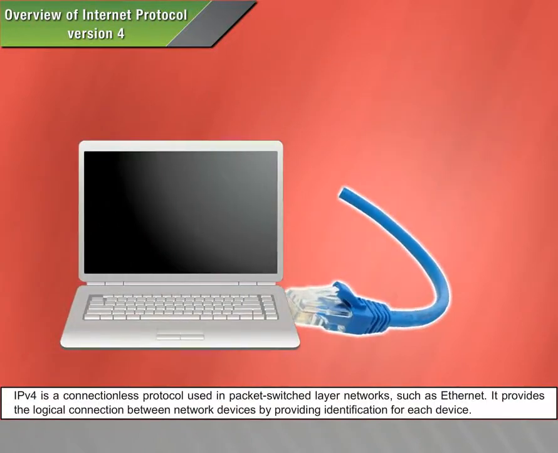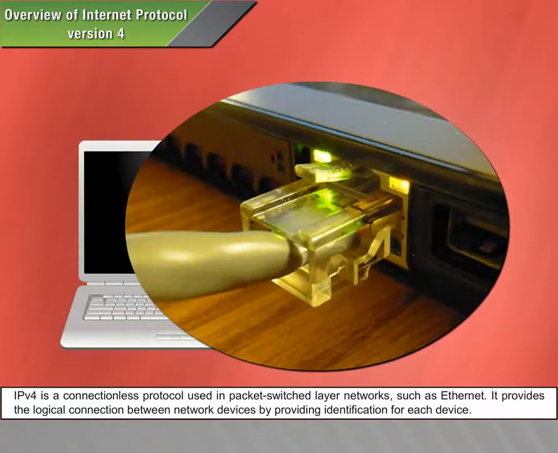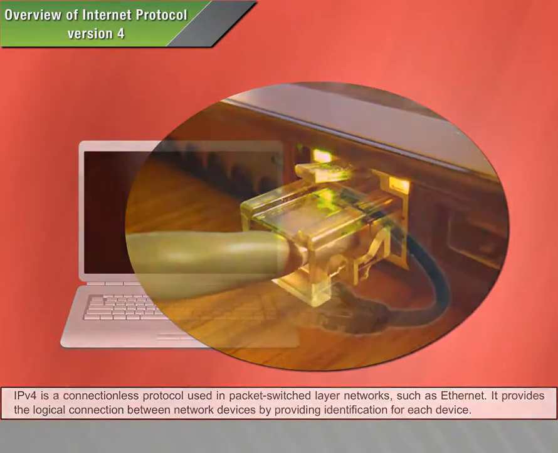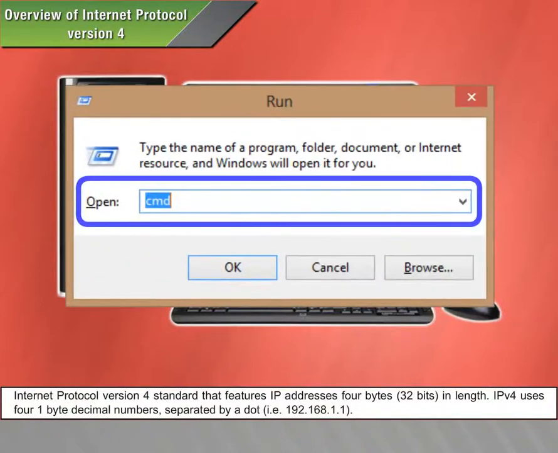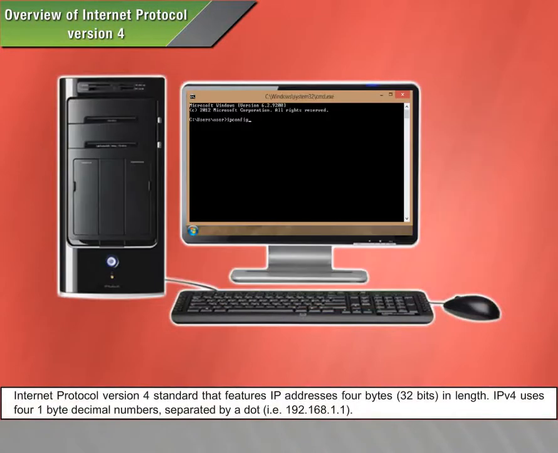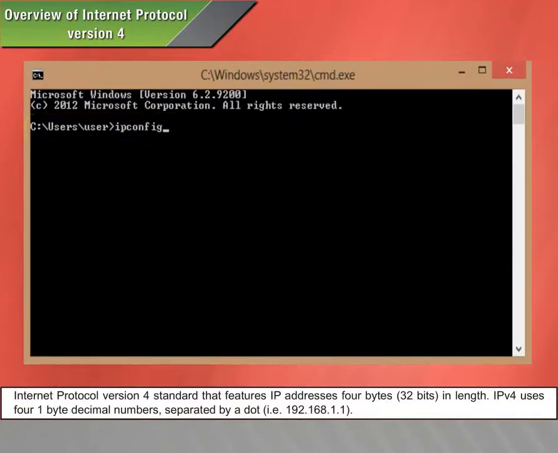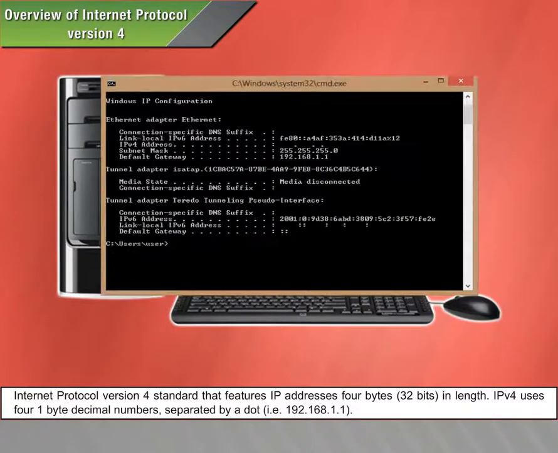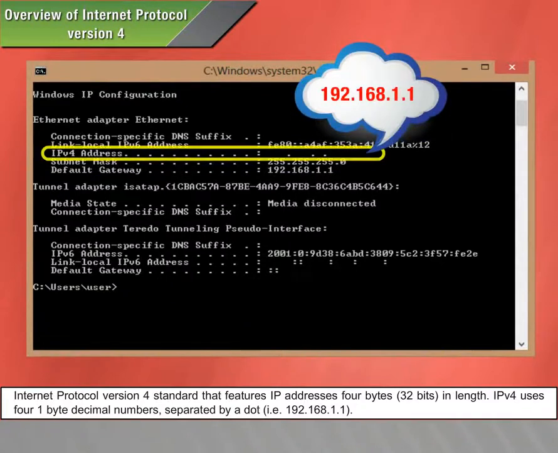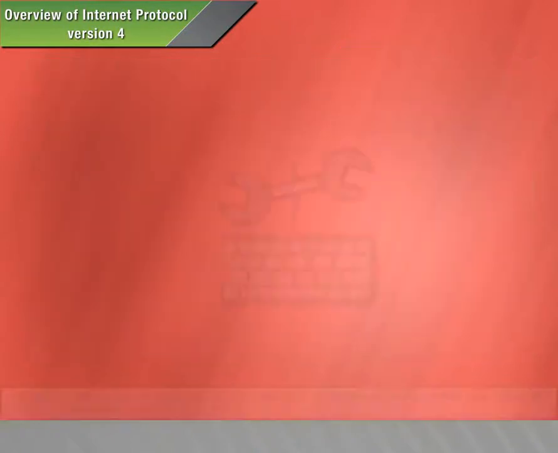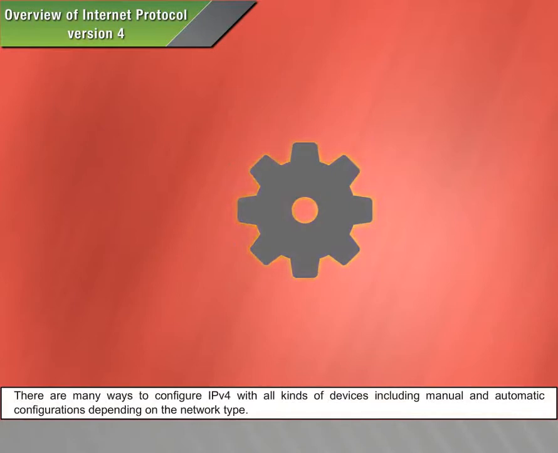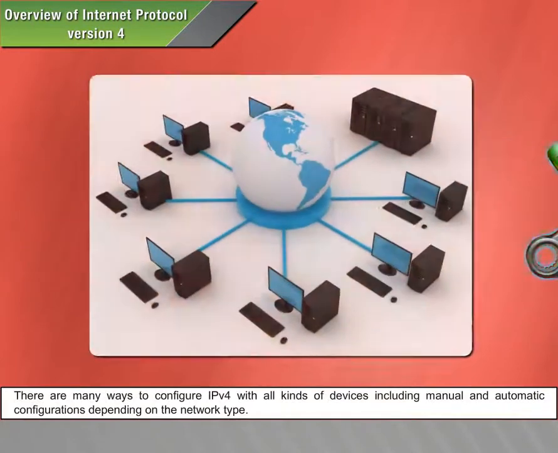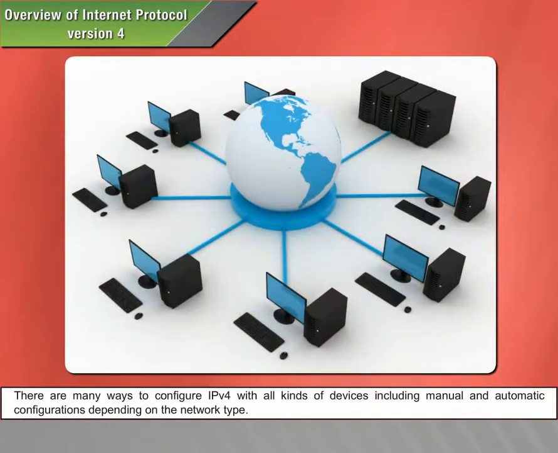It provides a logical connection between network devices by providing identification for each device. The IPv4 standard features IP addresses 4 bytes, that is 32 bits, in length. IPv4 uses four 1-byte decimal numbers separated by a dot, that is 192.168.1.1. There are many ways to configure IPv4 with all kinds of devices, including manual and automatic configurations depending on the network type.